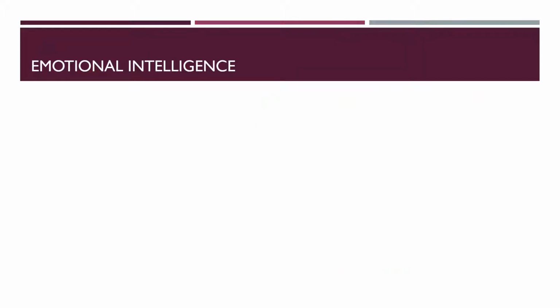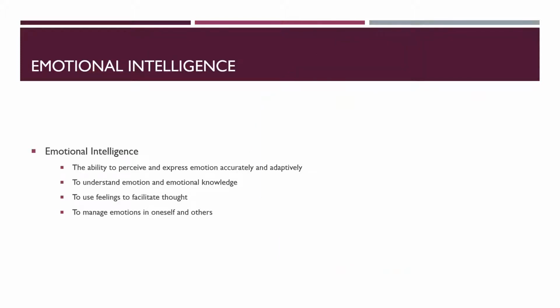And then our final theory here of a competing definition of intelligence focuses on what's called emotional intelligence. With emotional intelligence, there is basically emphasis on interpersonal and intrapersonal, and then also practical aspects of intelligence. This particular approach was popularized by Daniel Goleman, but it was originally developed by Peter Salovey and John Mayer in 1990.